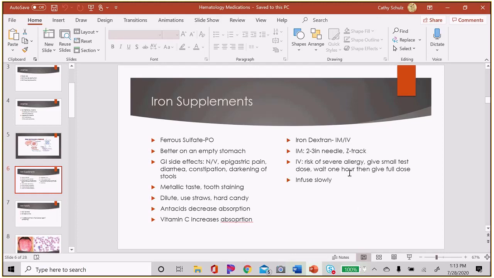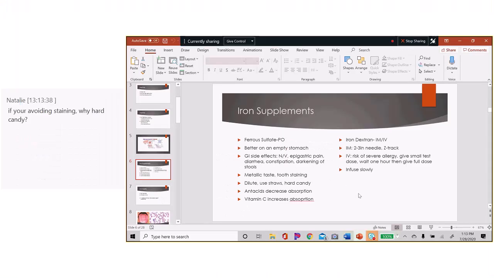You can give iron by IV or IM. The patient will still have some of that metallic taste even with the IM or IV kind, and could potentially have some darkening of their stools, but not any of the GI symptoms that the person will really have during oral supplementation.